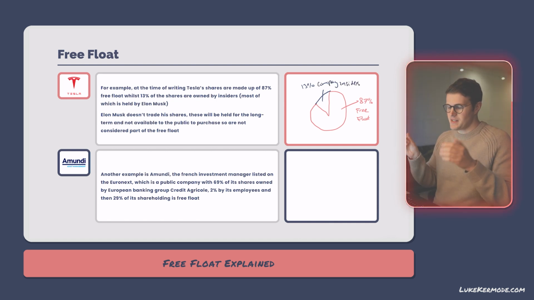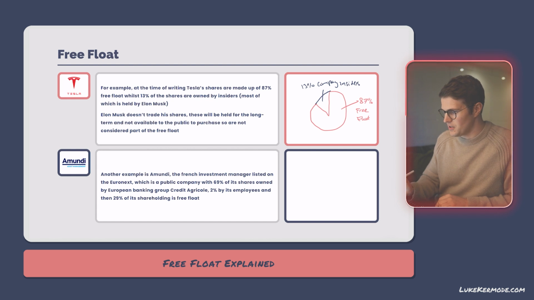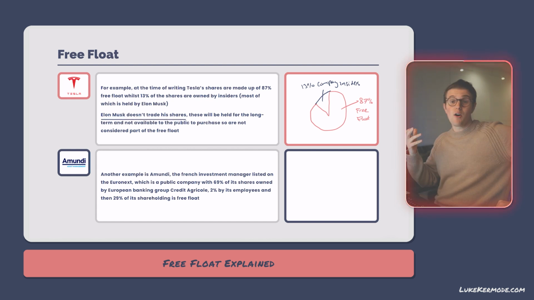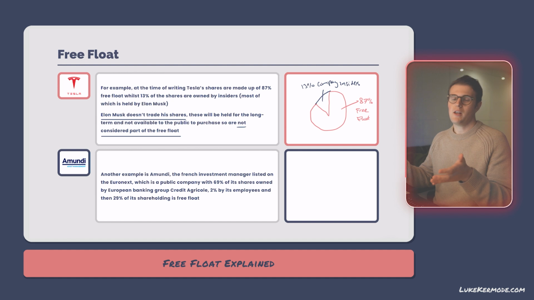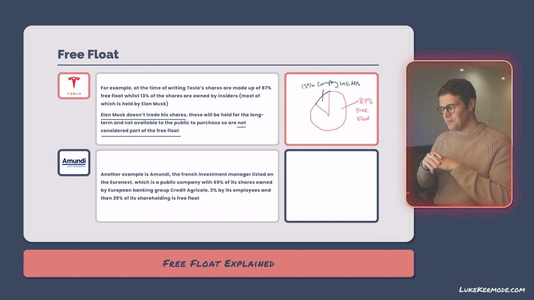What we're trying to say here is basically Elon doesn't and probably will not trade in his shares anytime soon. They're being held for the long term and not available to the public to buy. So we would not consider those shares part of the free float. The float is only what is available for the public to trade in right now.